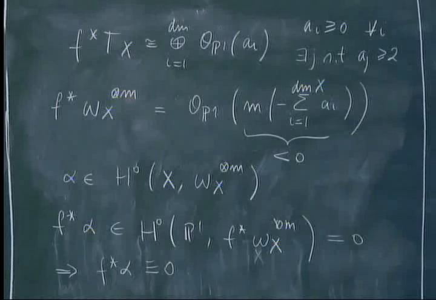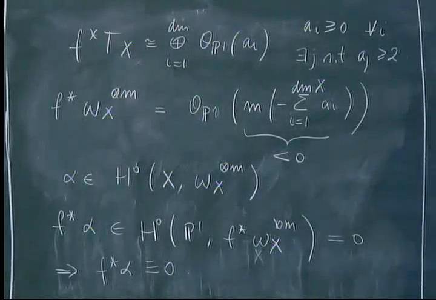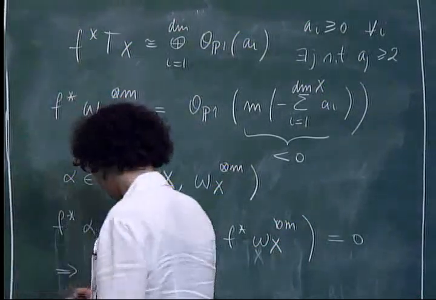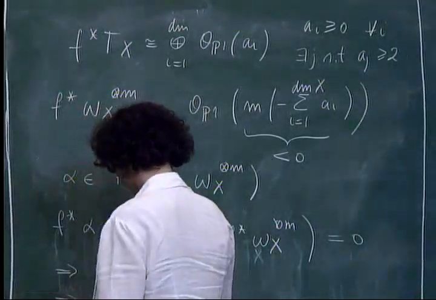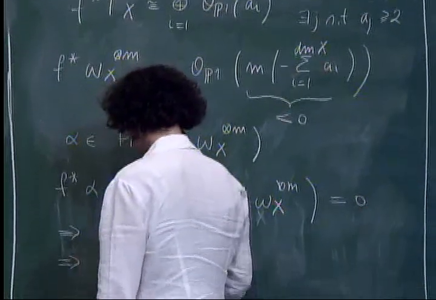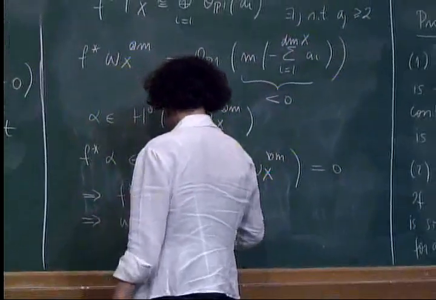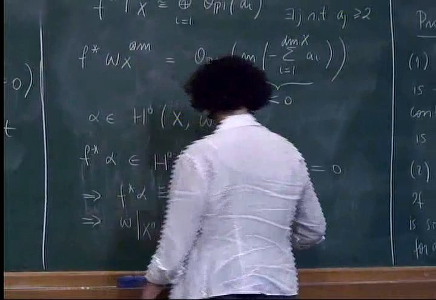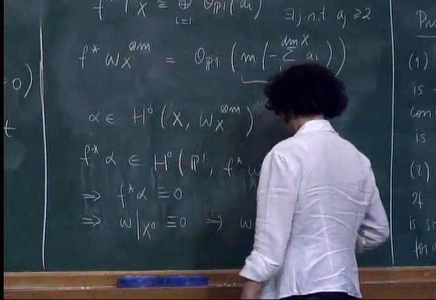This form is identically 0. Now this holds for any free curve. Now I have a dense open subset that is swept out by free curves. So I conclude that omega restricted to X_0 is identically 0, but then omega itself must be 0.